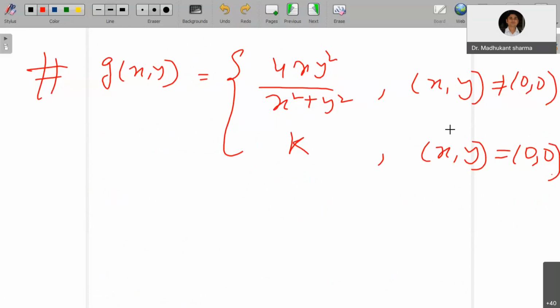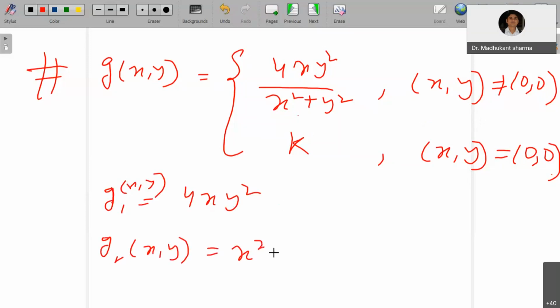Whenever xy is non-zero, look at the numerator and denominator. Let's say G1 of (x, y) equals 4xy square, and G2 of (x, y) is x square plus y square. It is easy to verify that G1 is continuous; it behaves like a polynomial of degree 3.